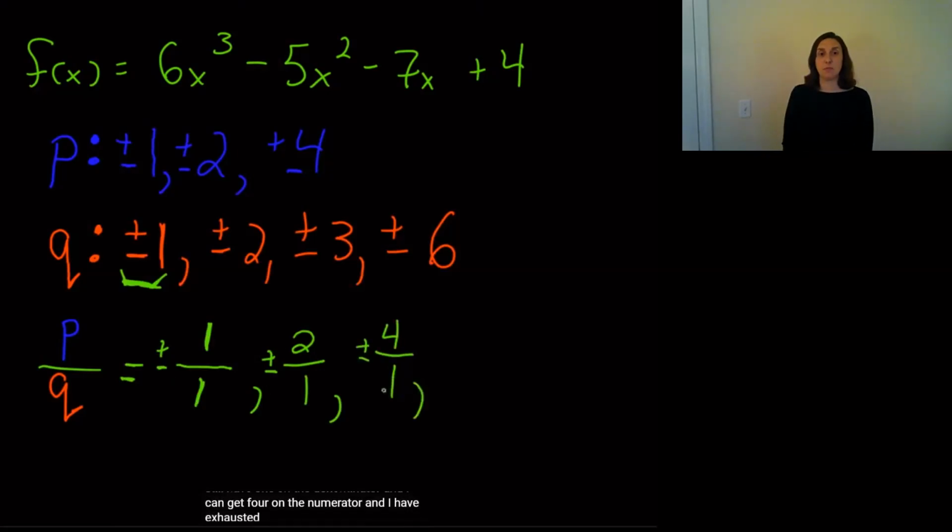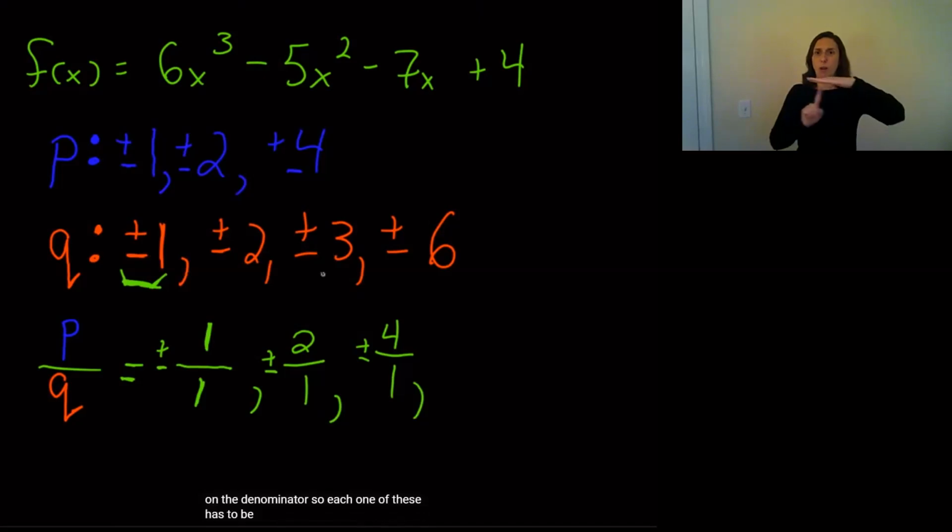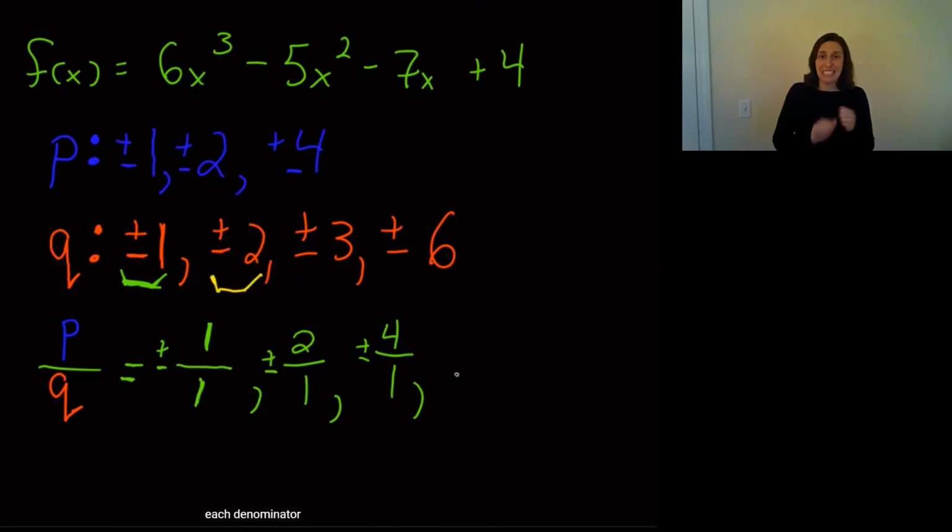And I have exhausted all the possibilities with 1 on the denominator. So each one of these has to be a denominator for each one of these. So I end up with 12 possibilities, though some of them might cancel out. So I just work my way through each denominator.